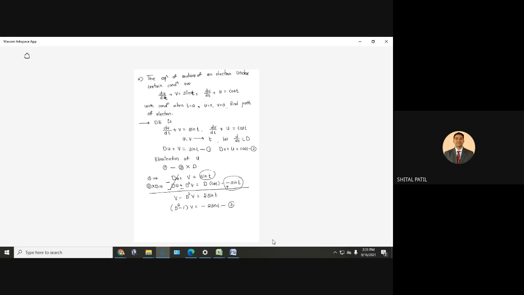Hope you are getting it. (1 minus D square) V equals 2 sin t. Have you understood up to this step?